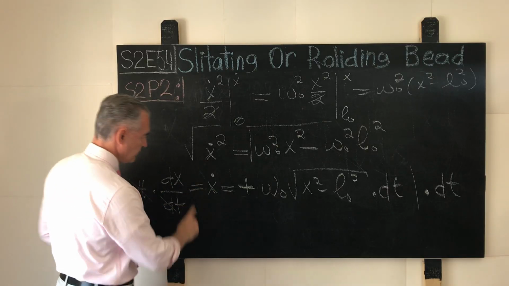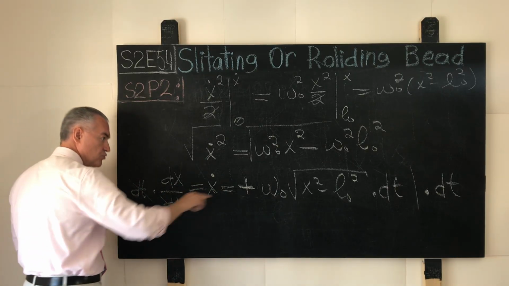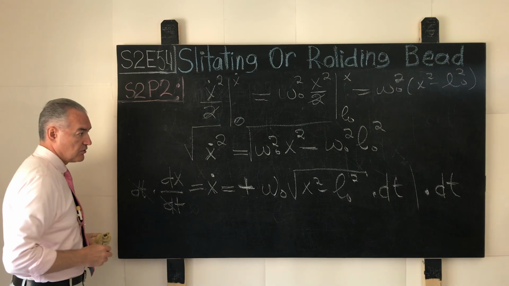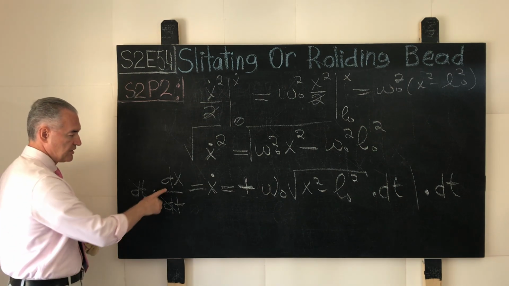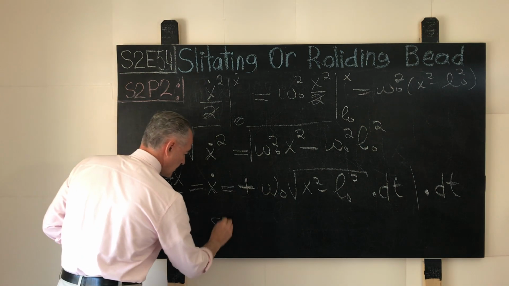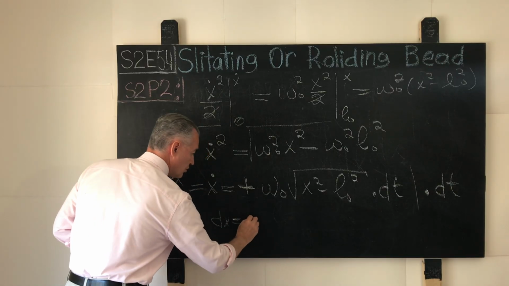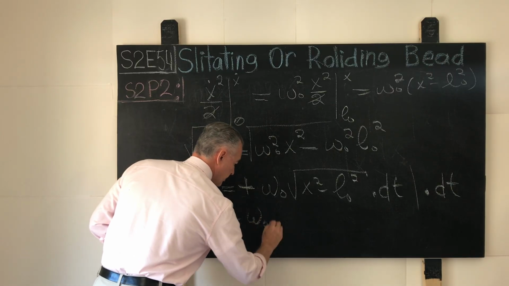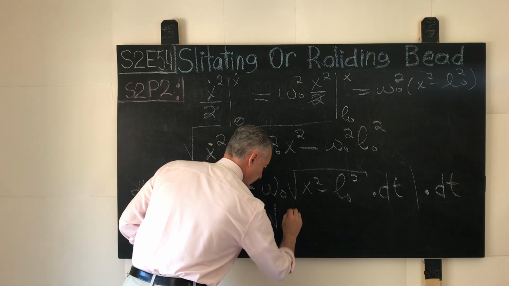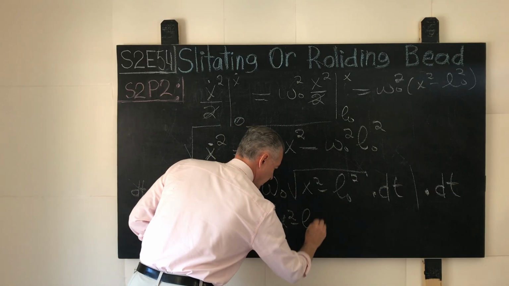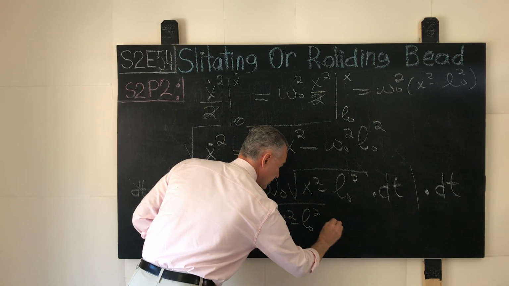I'll keep it so that you guys see the evolution of this thing. What will happen? dx is equal to omega 0 with the plus sign, square root of x squared minus L0 squared dt.